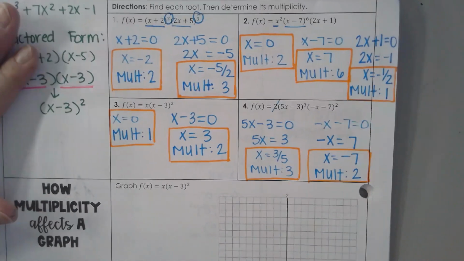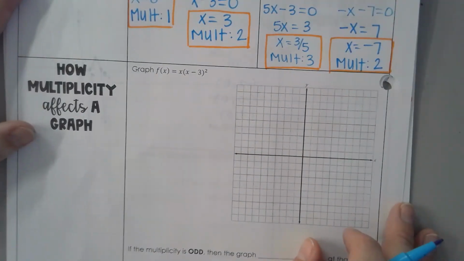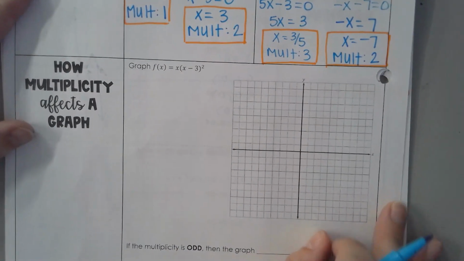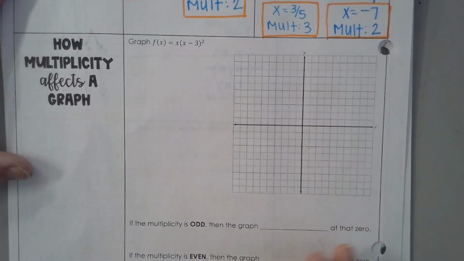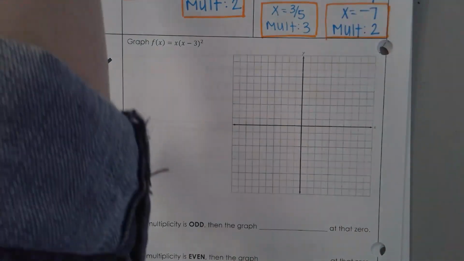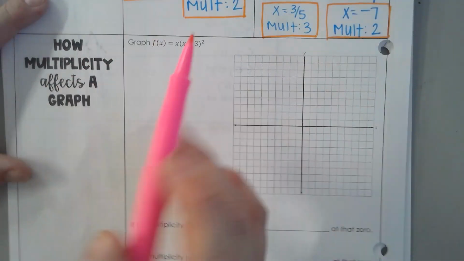So we're going to actually look at the graph to see why we even have a multiplicity, what it even means. And it tells us something about the graph at that x-intercept. So I picked example number 3 that we already did up here.